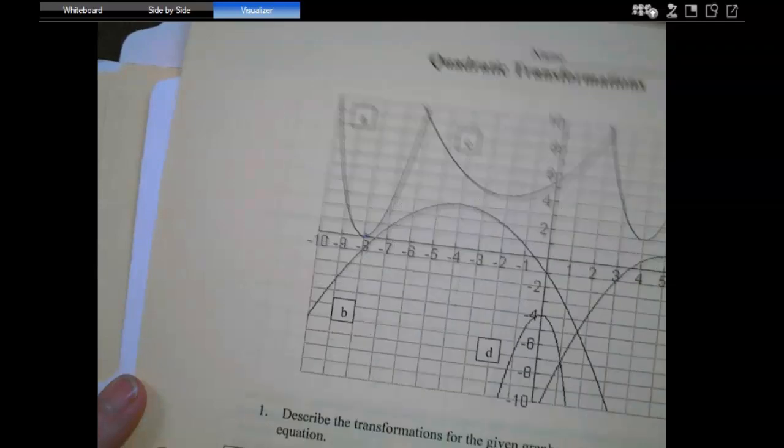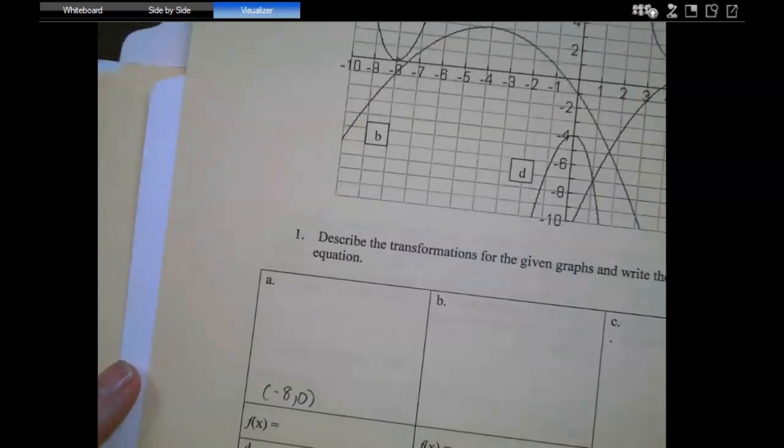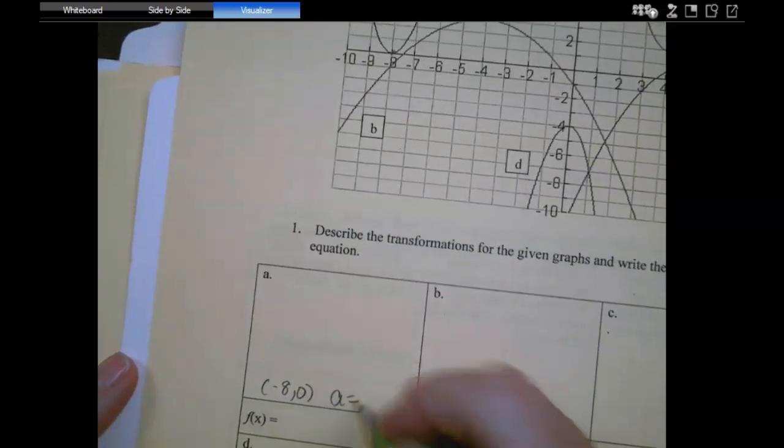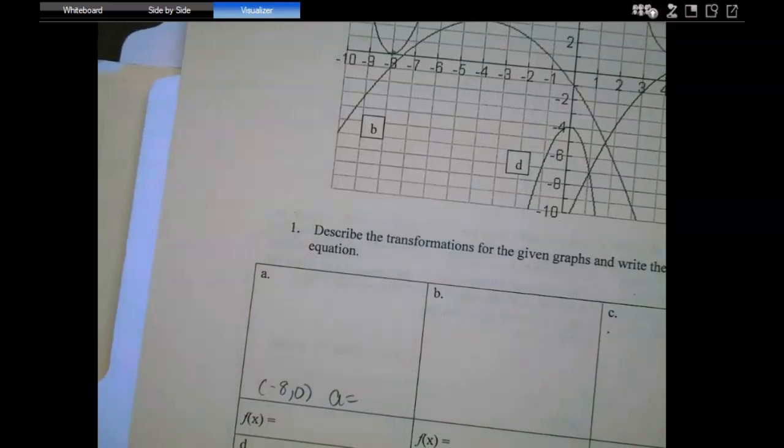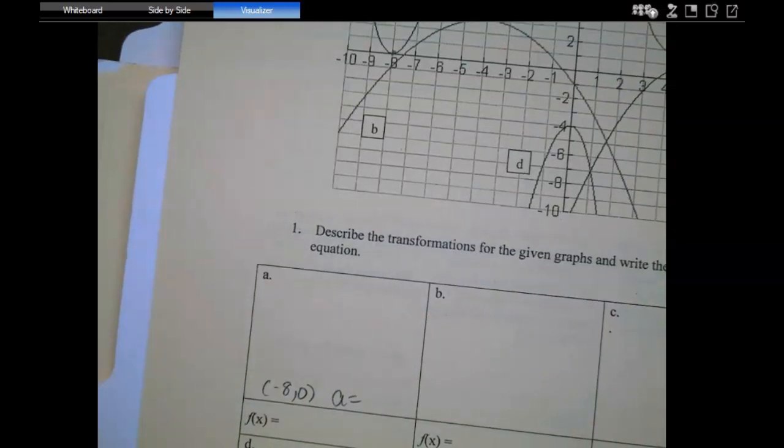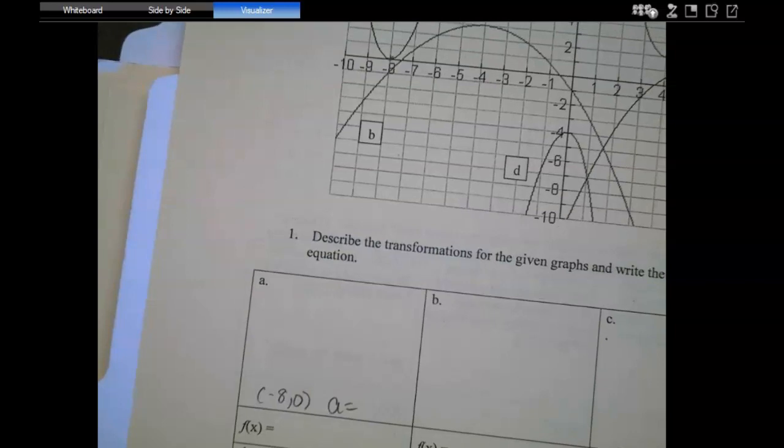So the next thing I need is my A value. When I was looking at this, at first I thought, is this an exact point? And I don't think it's exact. So I think the best exact point I could find was all the way up here. Do you see that up there?